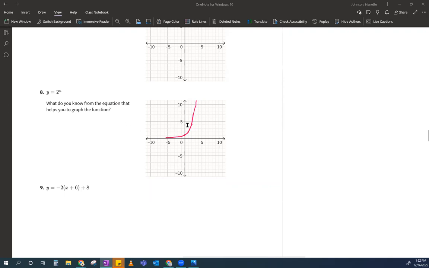So yeah, this one is continuous. This is exponential. The domain for this, wait, quick question. What about the domain for this? What do you think? Yeah, very good. All real numbers. Fantastic. Great job learning.